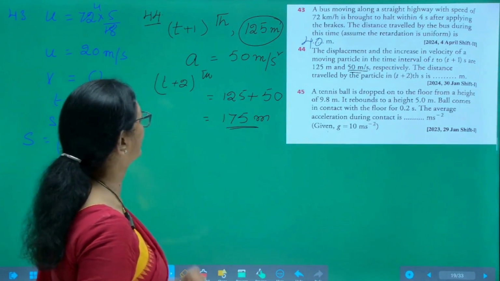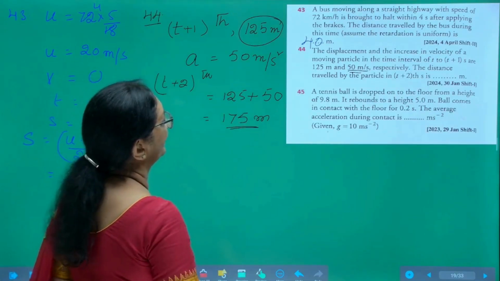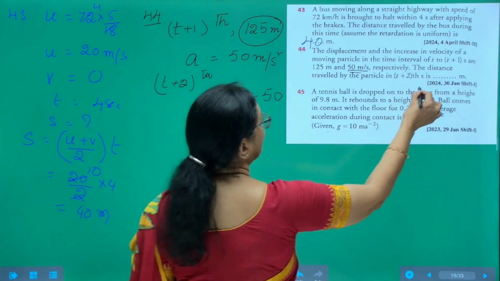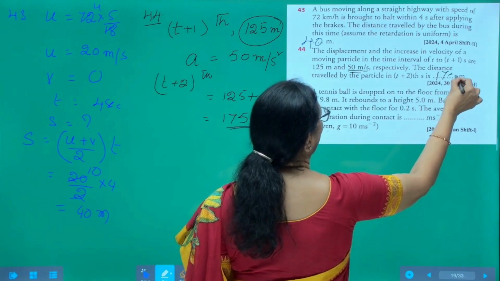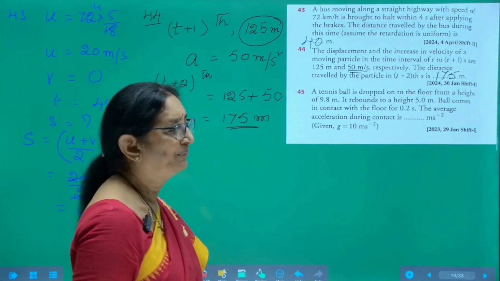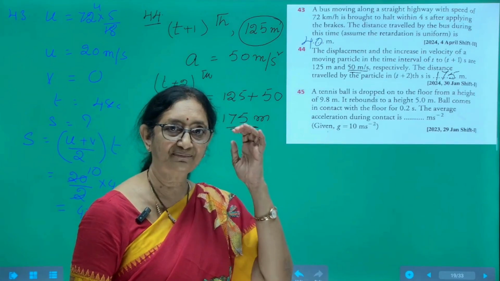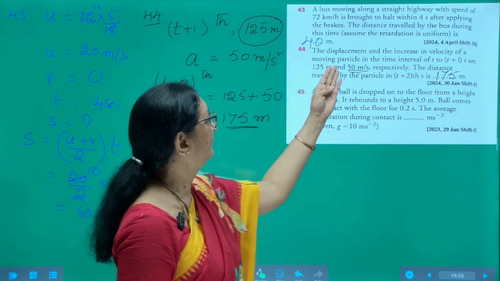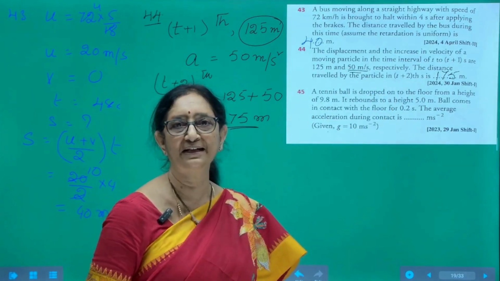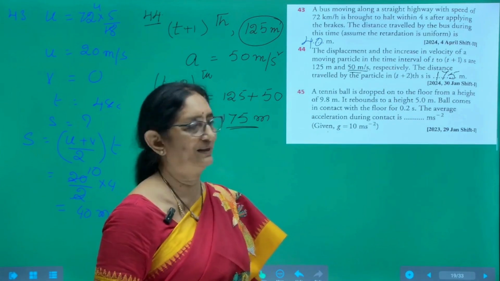So, based on that concept, it is 125 plus 50, it is 175 meters. See, if you can understand that concept, 125 plus 50, it is 175. That simple is the question.